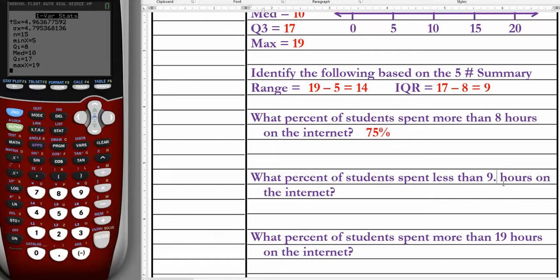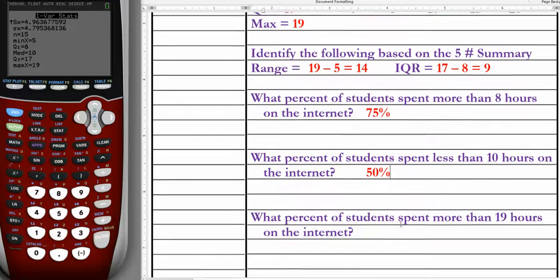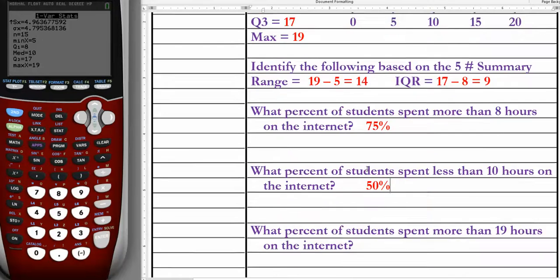What percent of students spent less than 10 hours on the internet? Sorry, I had to correct that. So 10 was our median, which is the 50% mark. So anything below should be 50% of the students surveyed. And finally, how many students spent more than 19 hours on the internet?